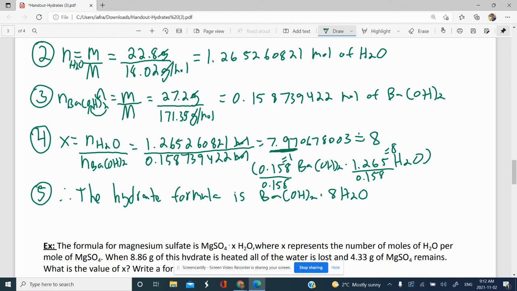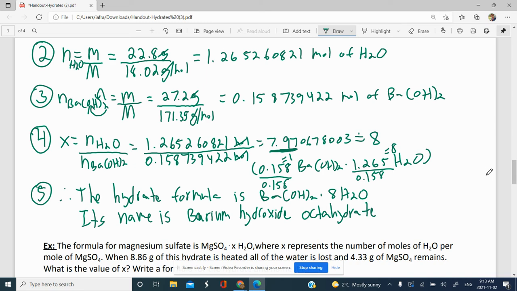And you can say its name is barium hydroxide, octa for 8, hydrate.